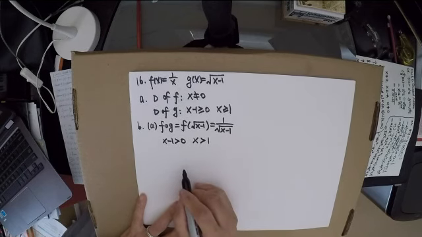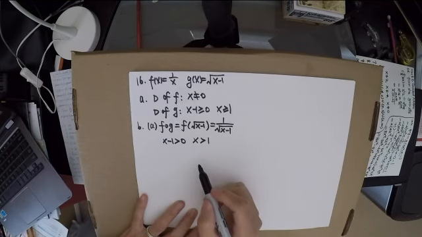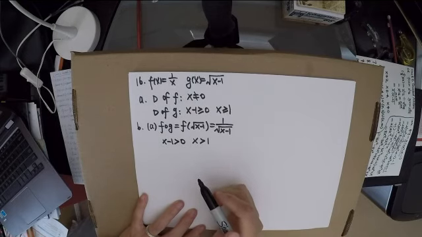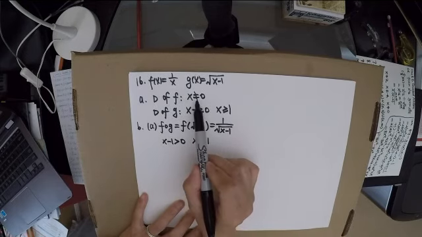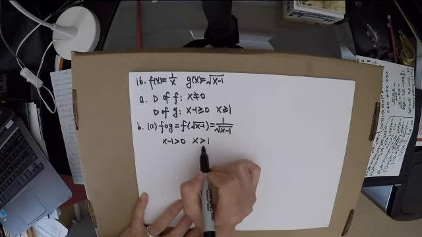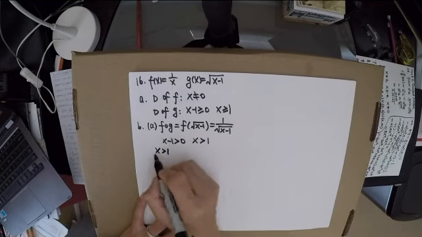When you combine all these: x not equal to 0, x greater than or equal to 1, and x greater than 1, combine all these, x greater than 1, that's our domain.